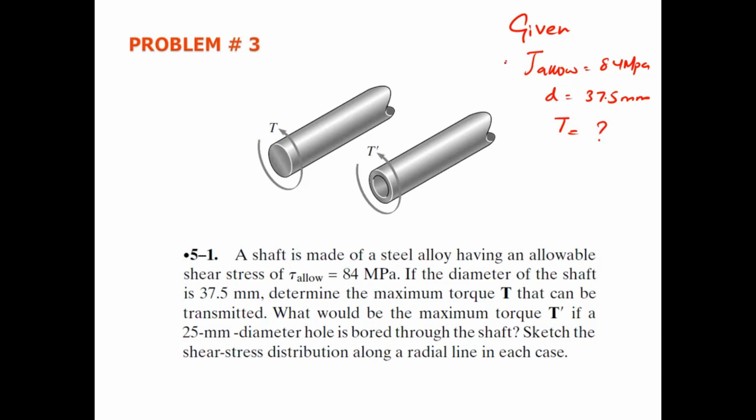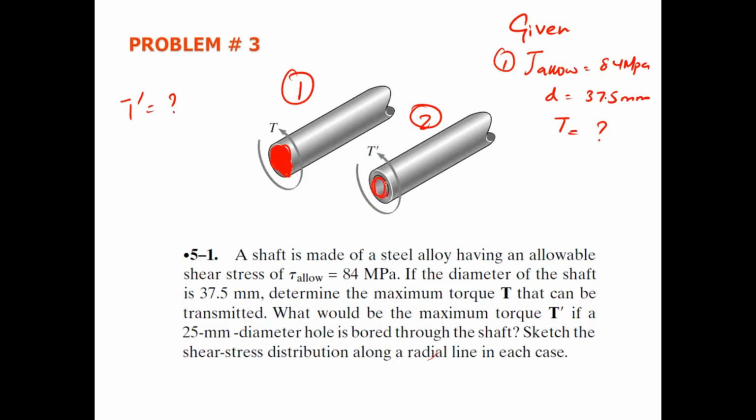Now this is the first case, when we have a circular shaft which is solid. This is a solid circular shaft, case number 1. In case number 2, what would be the maximum torque T dash? In the second one, we have to determine T dash if a 25 millimeter diameter hole is bored through the shaft. So there is a new hole.